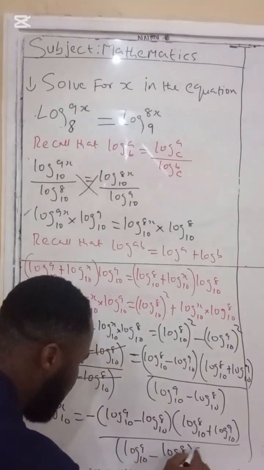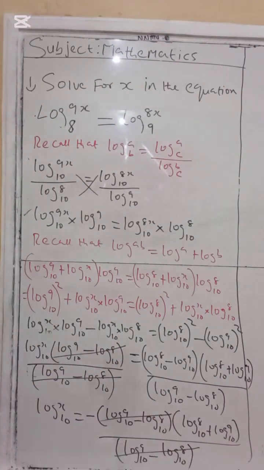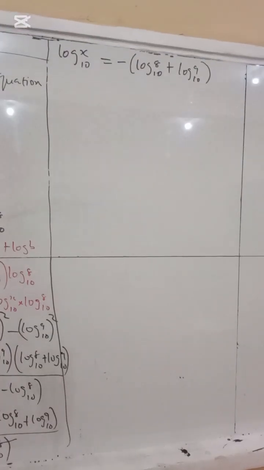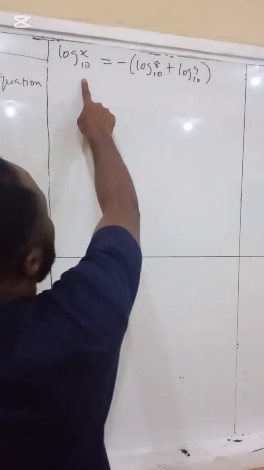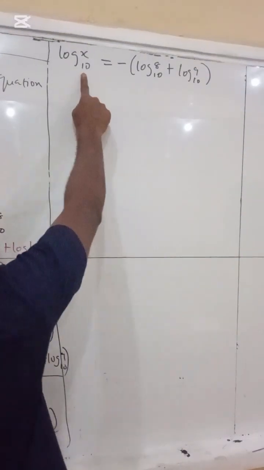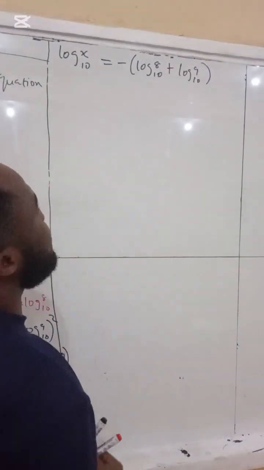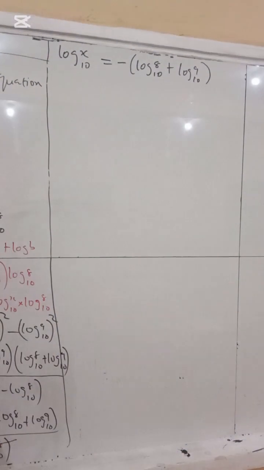So this one will cancel this also. So we are going to be left with log x base 10 equals minus open bracket log 8 base 10 plus log 9 base 10.